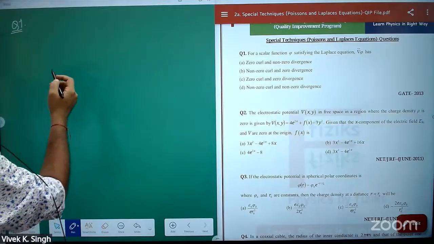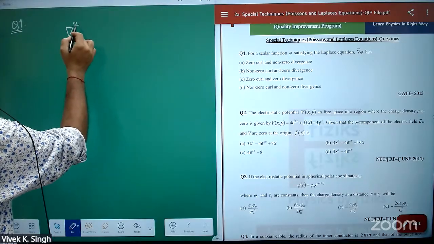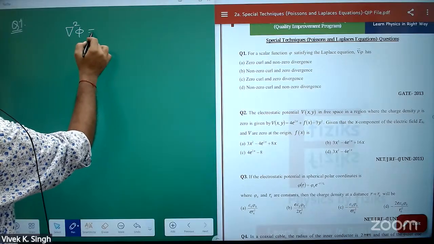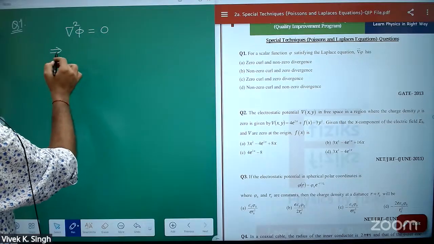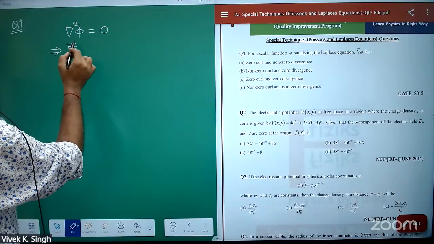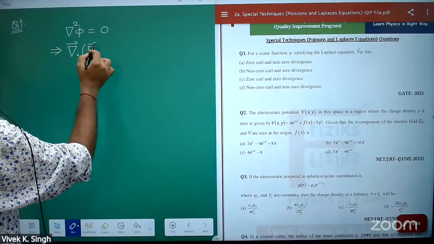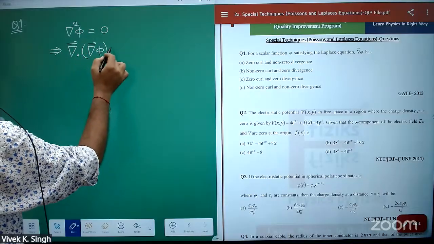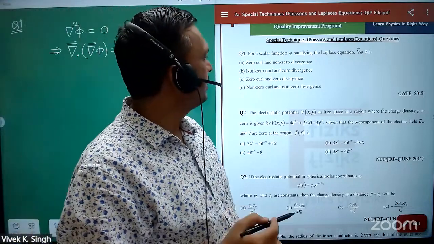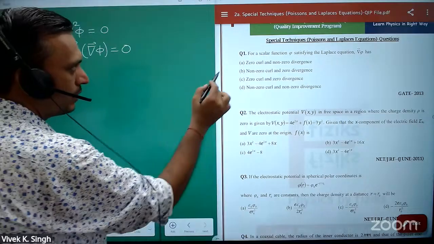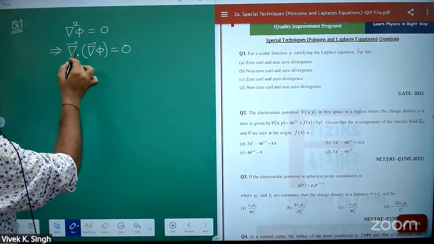So it means it is given that del square phi is 0. So this will give you divergence of gradient phi will be 0. So the divergence of a gradient of a scalar function will be 0.